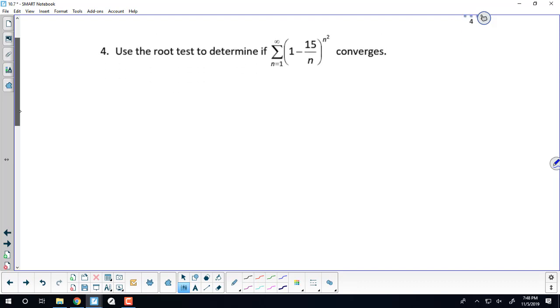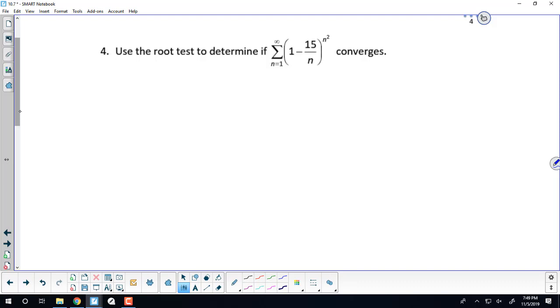Okay, use the root test to determine if the following series converges. Notice this isn't just 1 minus 15 over n to the power of n. It's to the n squared. But if we utilize the root test here, hopefully that limit or that expression looks familiar.